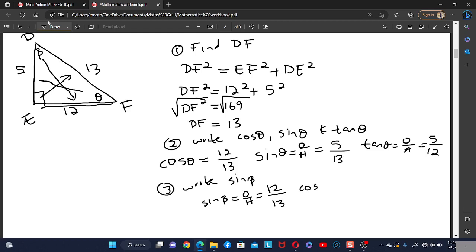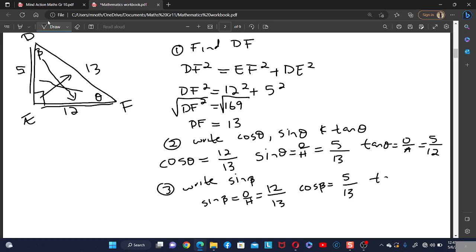And then we have cos beta. We know that cos is adjacent over hypotenuse. The adjacent side is 5, and the hypotenuse is 13.